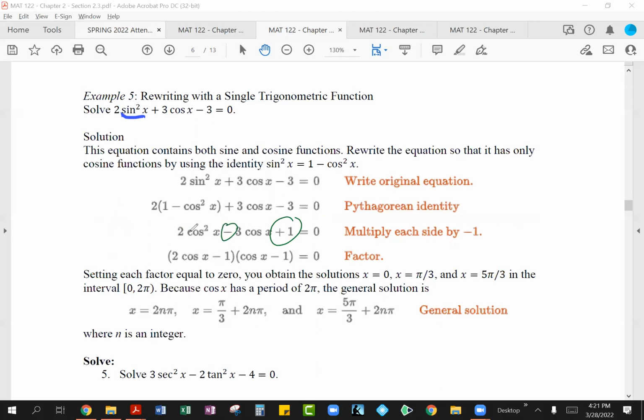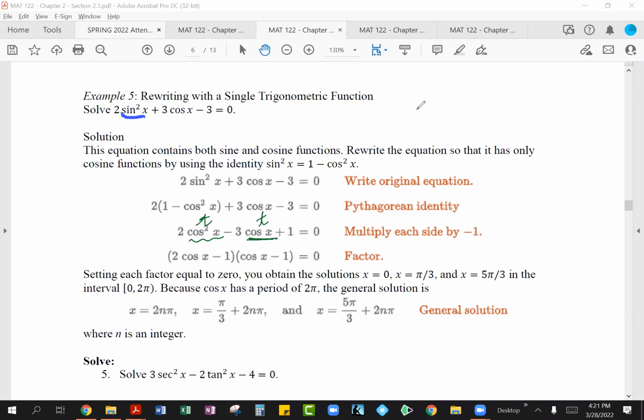This one ended up becoming negative, and technically this guy should have been a negative, but then it ends up becoming positive. Once you convert it into this format where your entire equation is now with cosine function, you are actually using regular factoring techniques. So think about this, we can replace this guy with, let's say t.